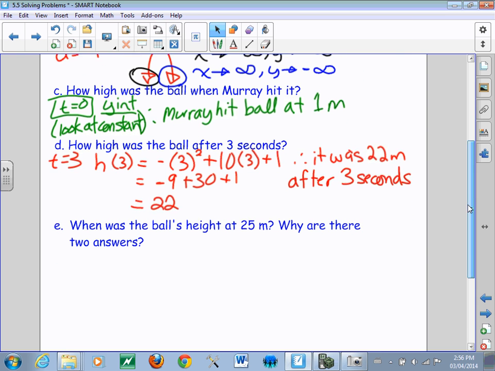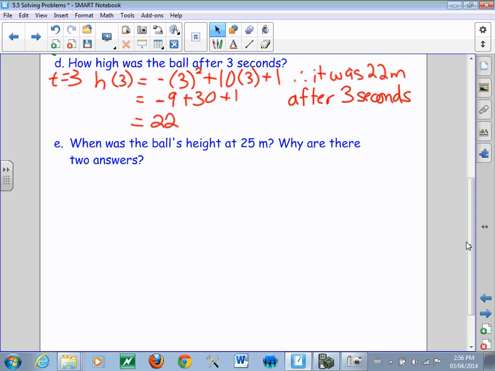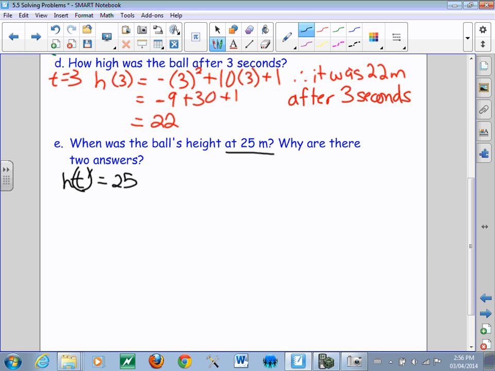All right, keep moving on here. When was the ball's height at 25 meters? What do you have to represent that? The height. So that means h at t equals 25. I'm just going to write that a little cleaner because it's sloppy there. So we know h at t equals 25 meters.